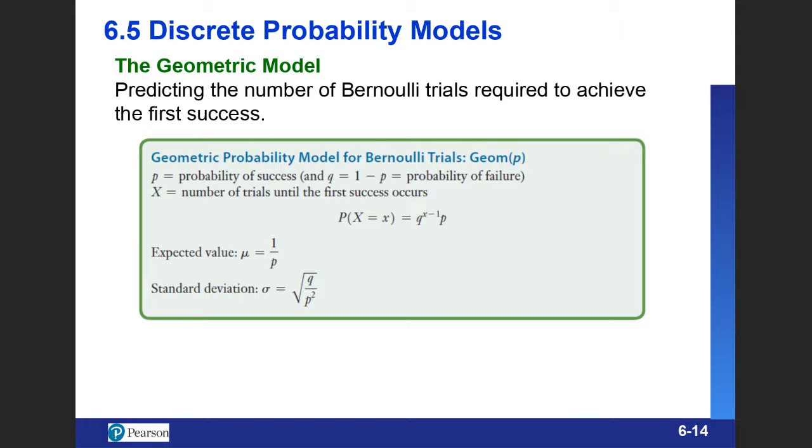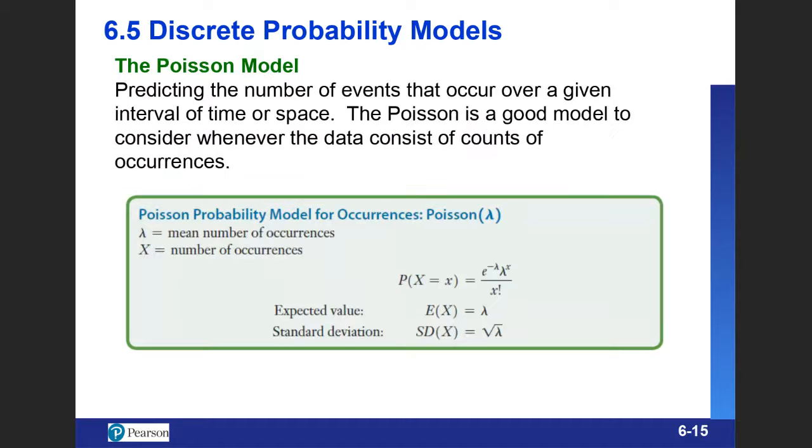Okay, so we're not going to study this. We're not going to focus on geometric. I'm going to move on to the Poisson model. First I'll read: predicting the number of events that occur over a given interval of time or space. The Poisson model is a good model to consider whenever the data consist of counts of occurrences.